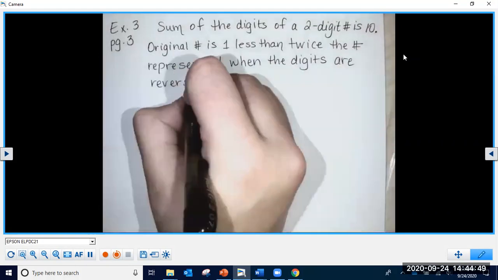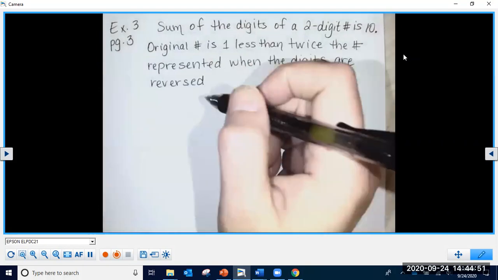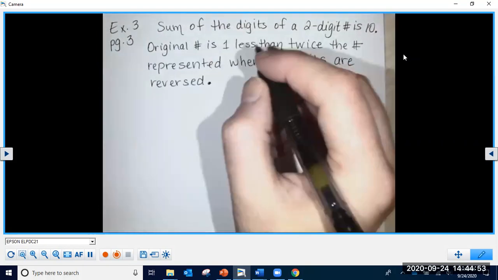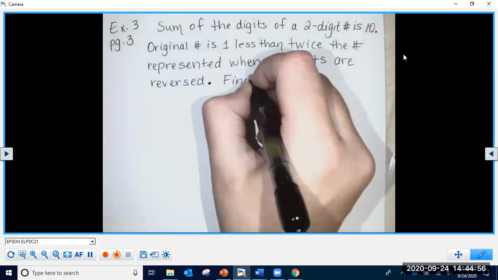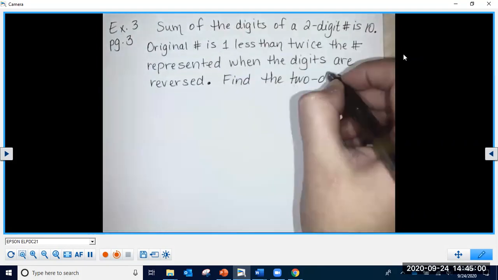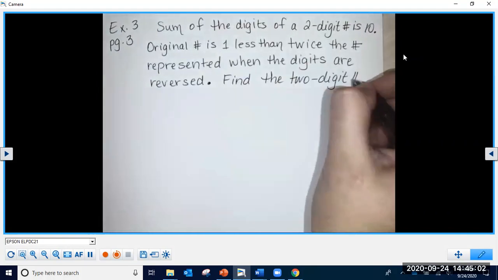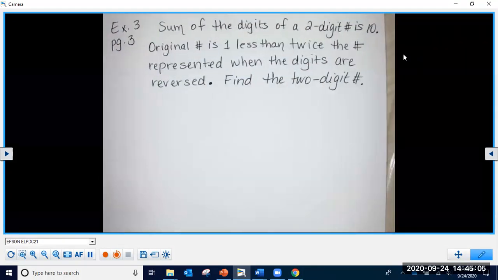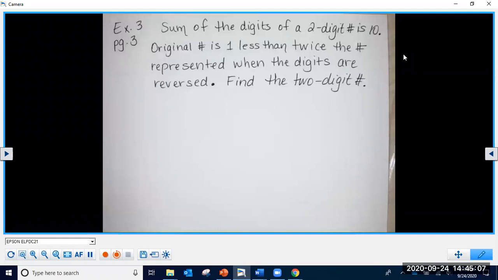So I'm sure just hearing that, reading it, your brain's probably already starting to hurt. Anybody? Find the 2-digit number.